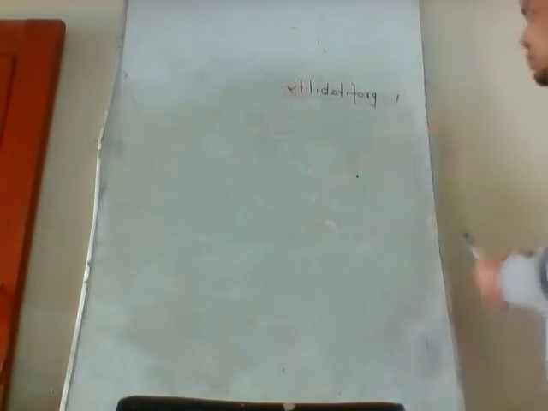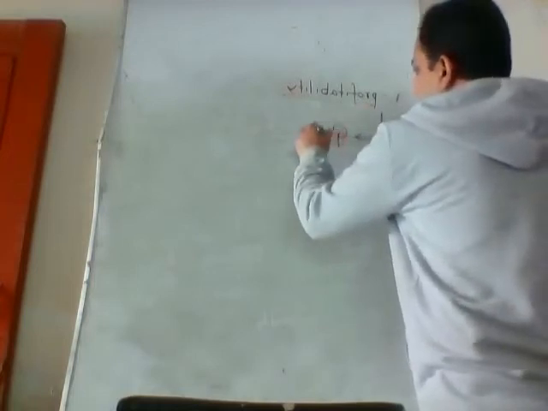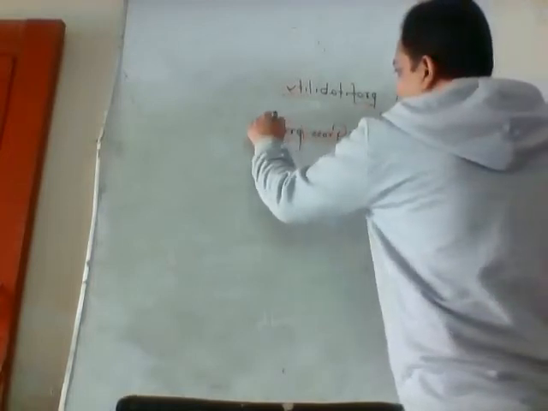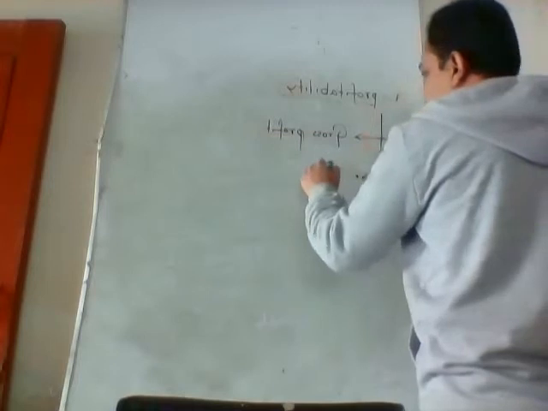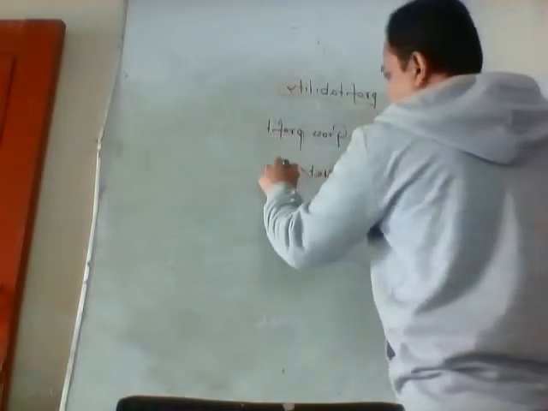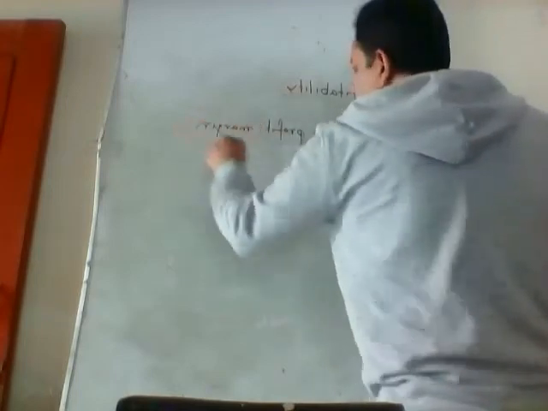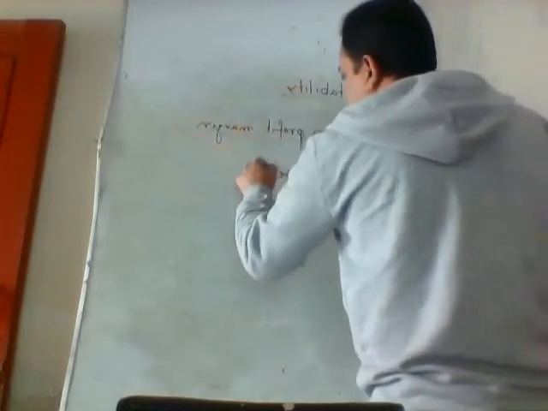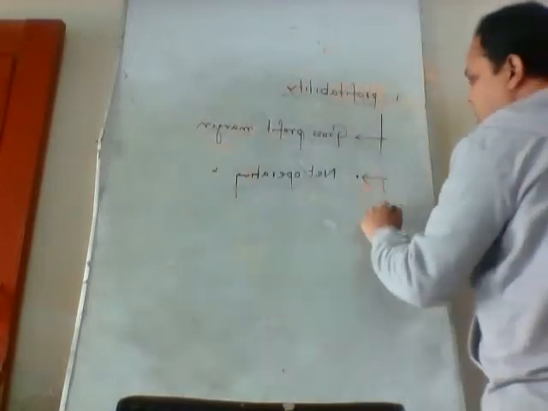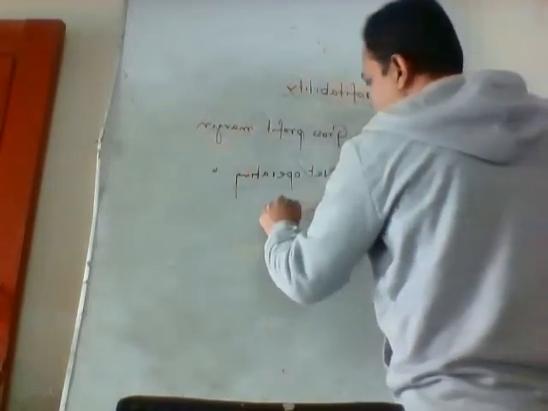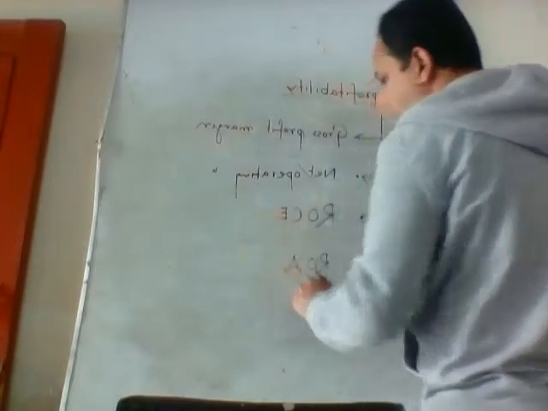Here we will measure gross profit, gross profit percentage, net profit, net or operating profit, gross profit margin, net or operating profit margin, ROC, return on capital employed, ROA, return on asset.